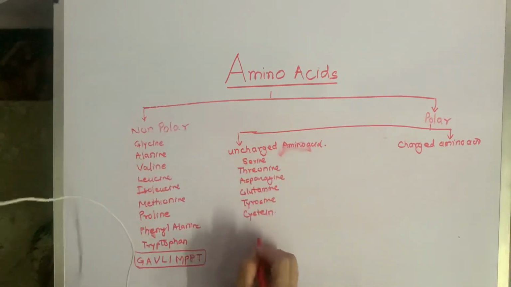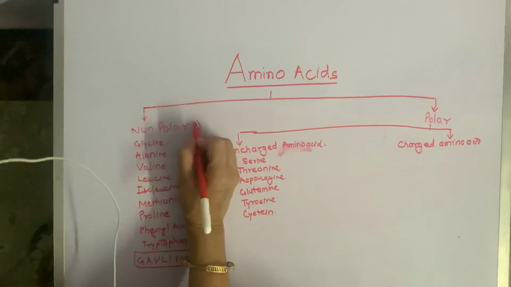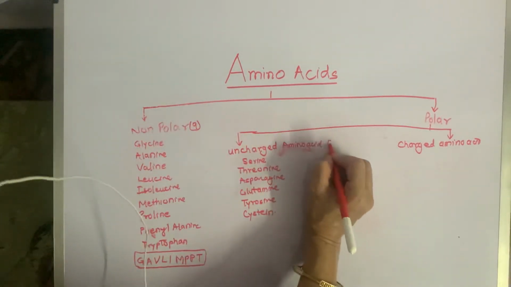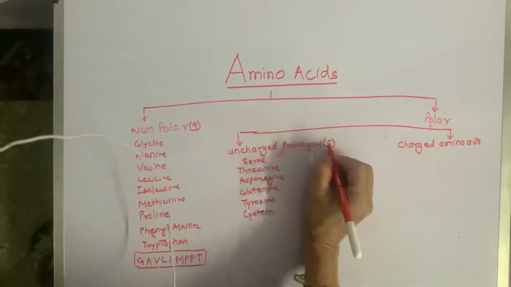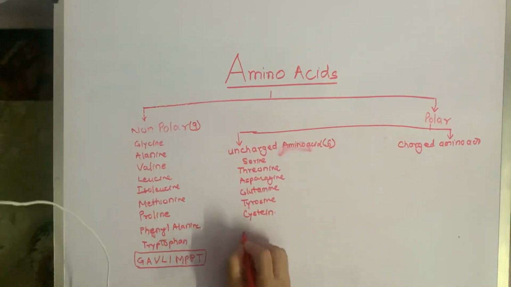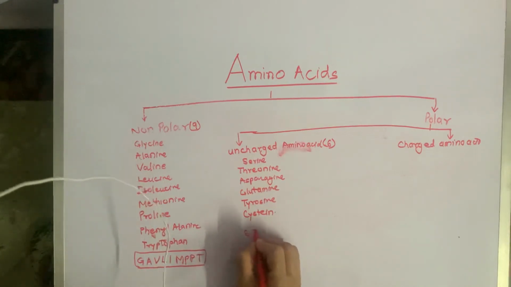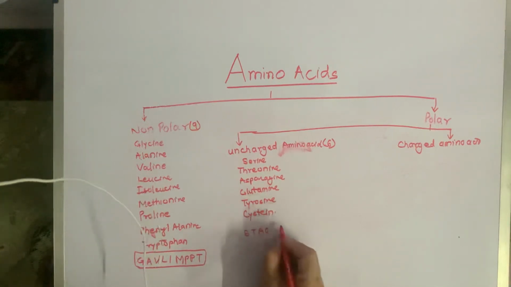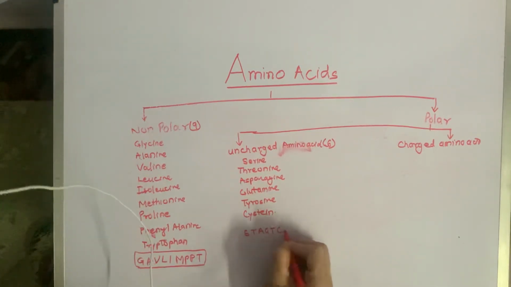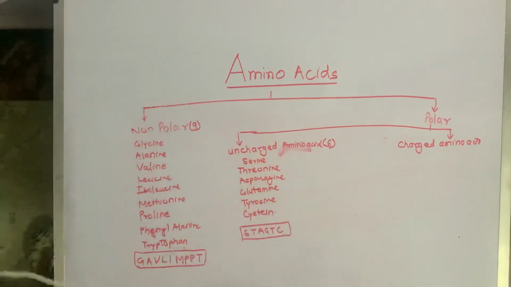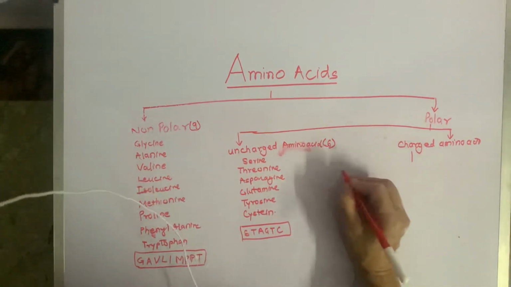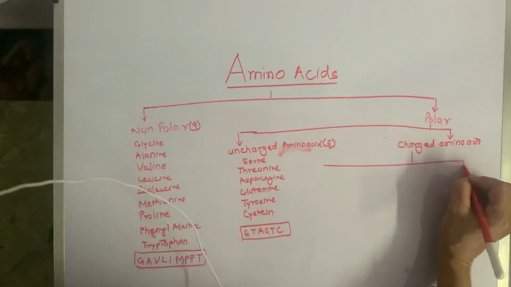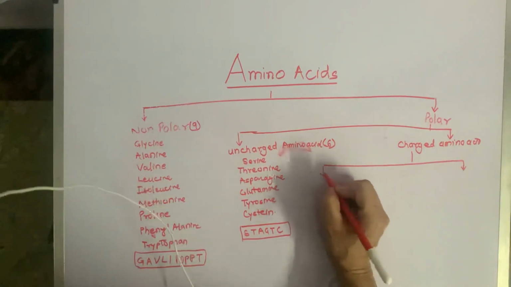There are 6 amino acids here, and 9 amino acids in the non-polar group. Again it is difficult to remember, so how will I remember? S for serine, T for threonine, A for asparagine, G for glutamine, T for tyrosine and C for cysteine. So my secret code to remember is STAGTC.